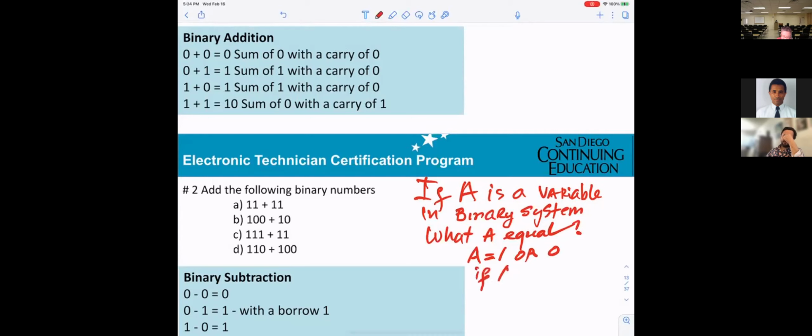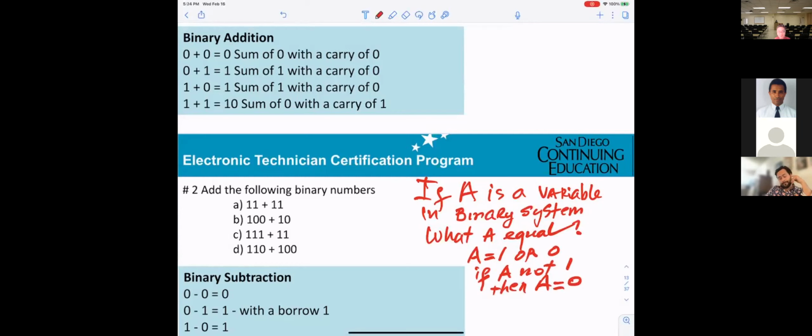If not 1, what is A? Right, 0. So in binary, if A is a variable, then A either equals 1 or equals 0. If it's not equal to 1, it has to be 0.